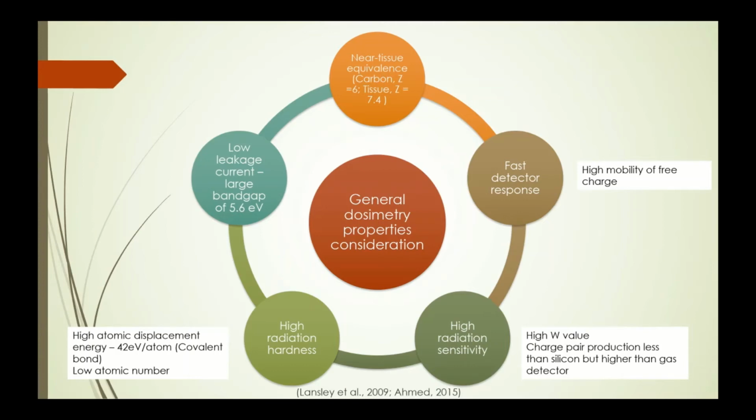Lastly, diamond has a fast detector response, which is due to the high mobility of free charges in diamond, which implies fast charge collection and overall response of a diamond detector.